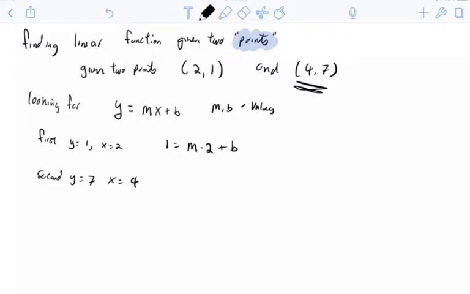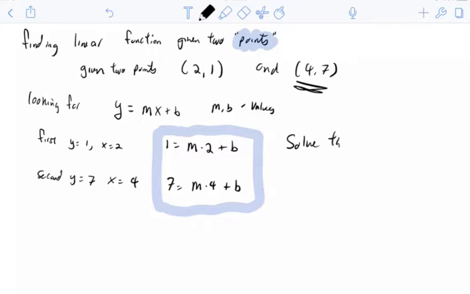And so we're looking for m and b so that m times 4 plus b is equal to 7. Oh, and also our values of m and b have to be the same in both of these. This is an example of a pair of equations that we're asked to solve. Solve these equations for m and b.